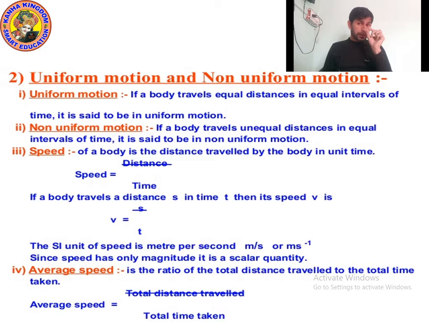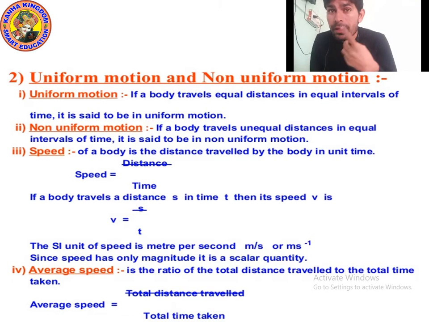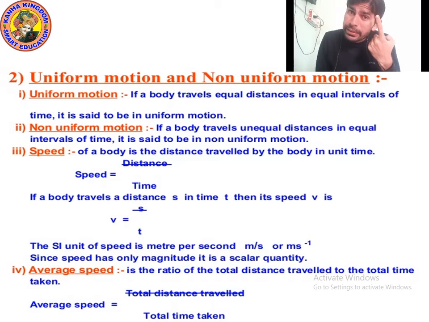Listen to the words again: there are three definitions of non-uniform motion. First: equal distance traveled in unequal intervals of time. Second: unequal distance traveled in equal intervals of time. Third: unequal distance traveled in unequal intervals of time is known as non-uniform motion.